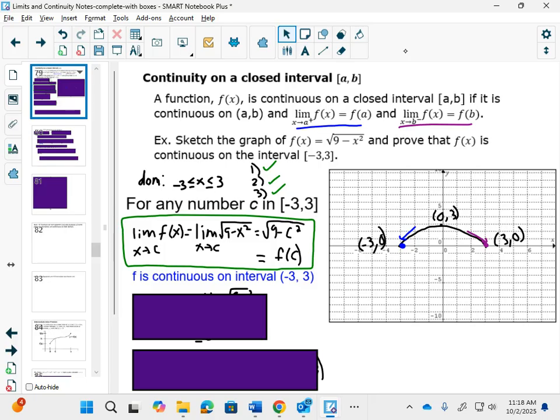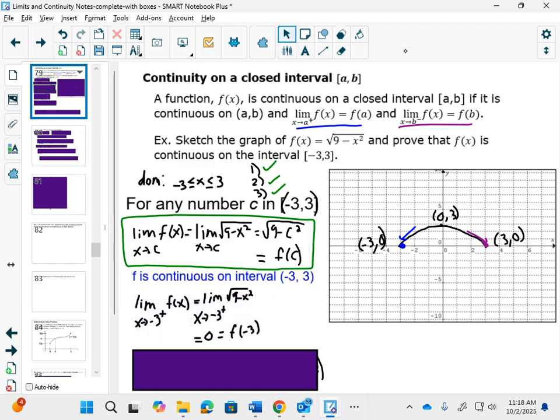It's continuous. Okay? So this part would only prove that it's continuous on the open interval. Technically, for any number in the open interval, I should maybe put that there. Then you check the endpoints. If the limit as you go on the blue arrow here, this is the blue part, as you go from the right to -3, you get to the endpoint. Yes.